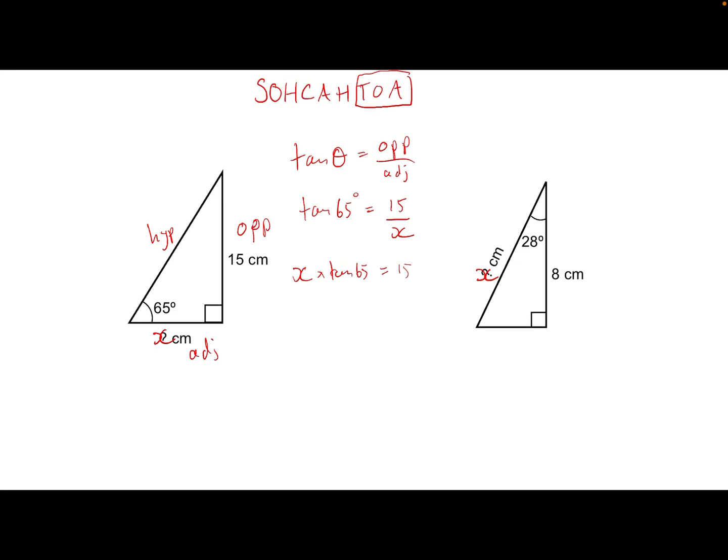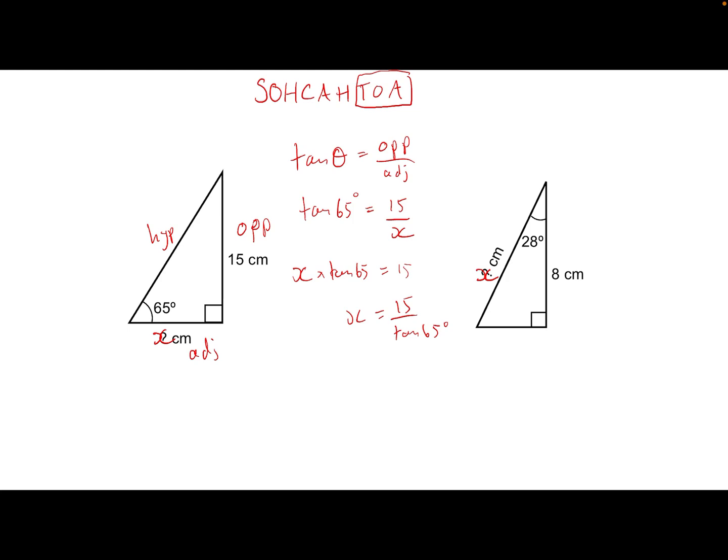Now I can divide both sides of my equation by tan 65. And the reason why I can do that is because tan 65 is just a number. Basically, tan 65 means what is the correct ratio of the opposite to the adjacent for an angle of 65 degrees. That's all it is. It's a number your calculator knows.